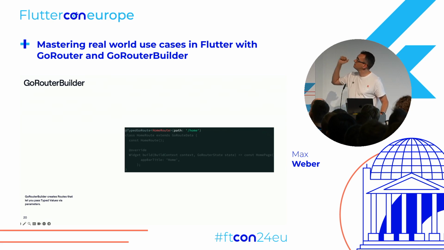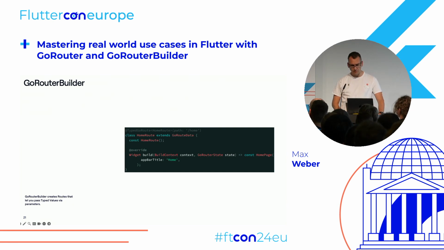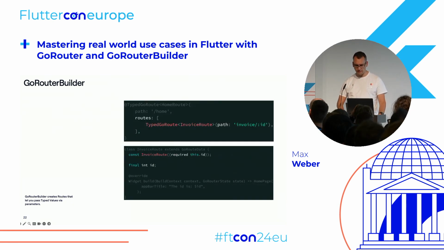In this case, I define the home route. And underneath of it, we have this nice new class which extends the GoRouteData. That one enforces you to override the build method, which just passes you back the object, in this case, the home page. And with that, if we run our build runner, we can then execute things.